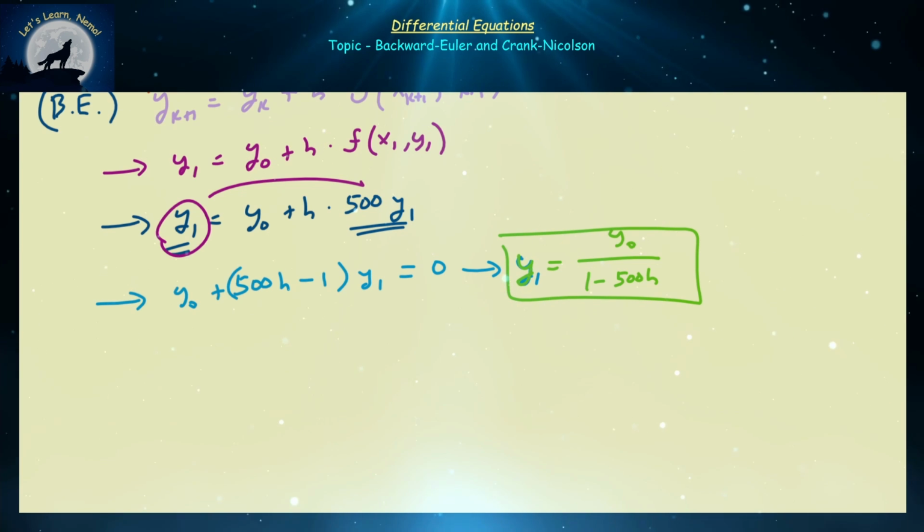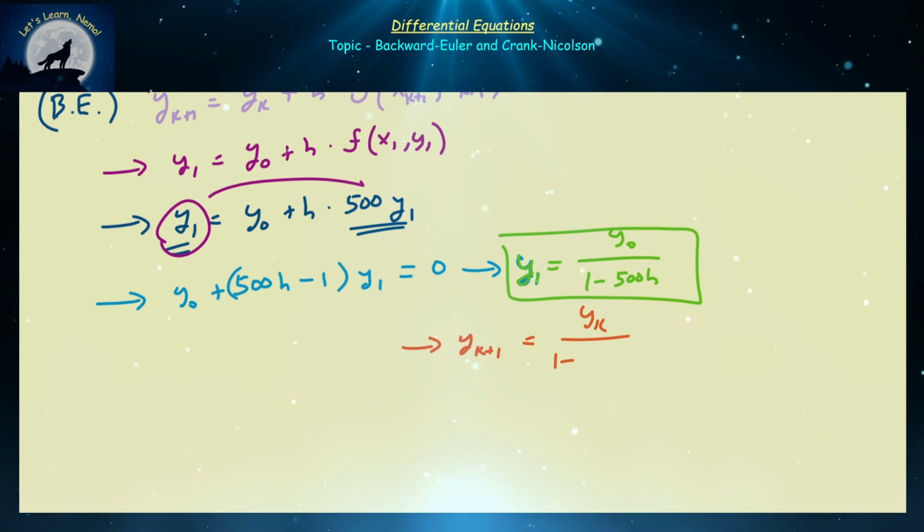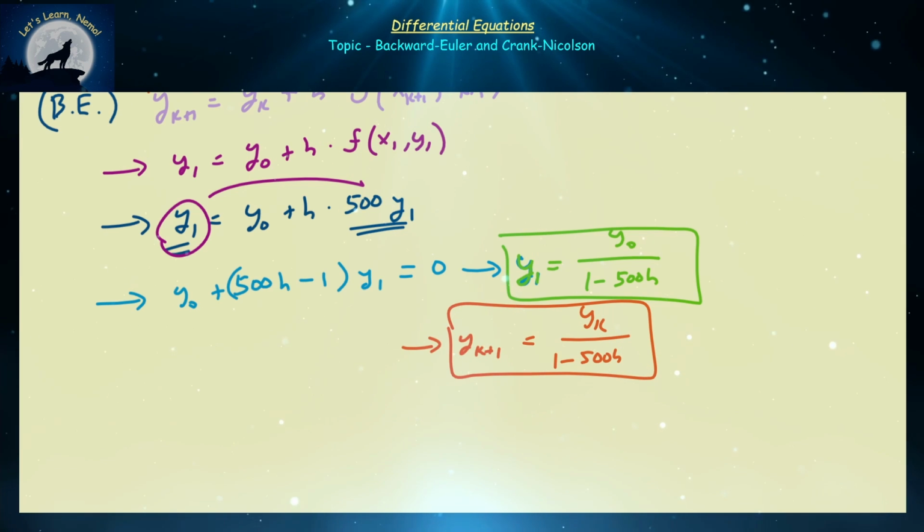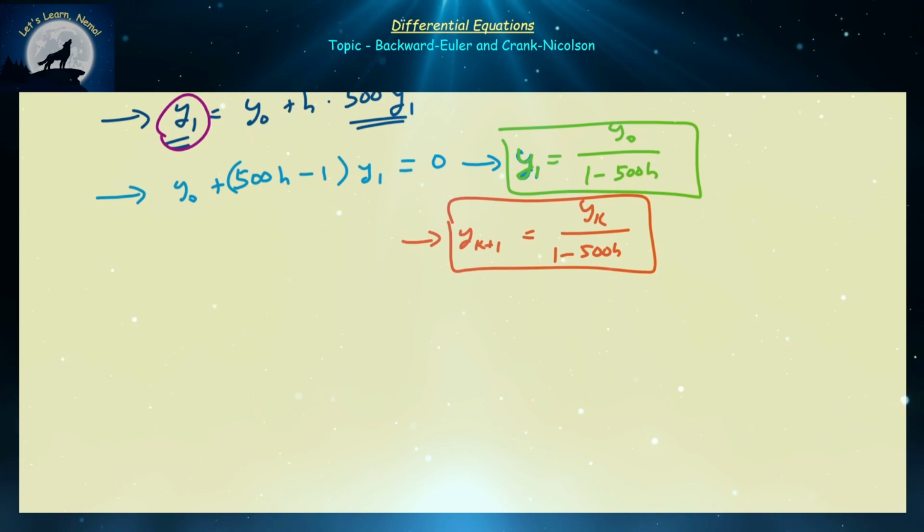All right, let's write that as our y1. And generally speaking, we're going to have y_{k+1} equal to y_k all over 1 minus 500h. So once we have that, we have this particular numerical method.